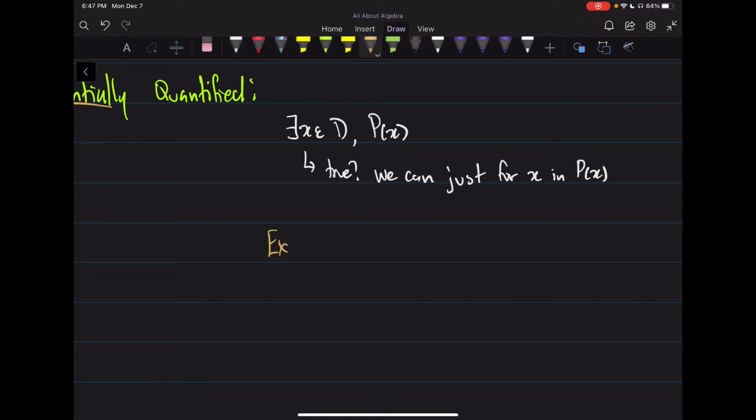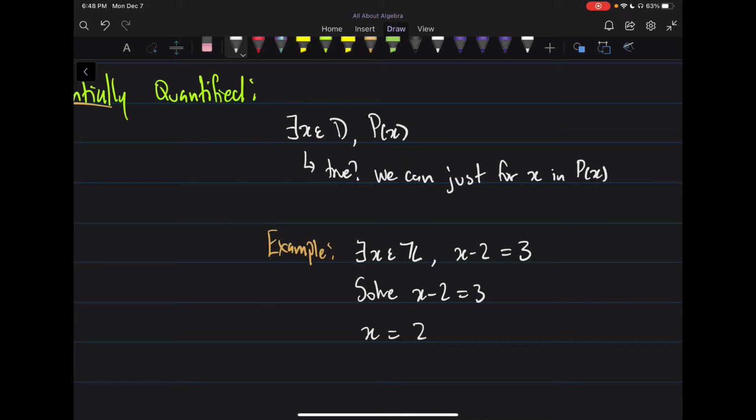So I have the example where I have there exists an x that's an integer such that, let's say, x minus 2 is equal to 3, right? Well, I can just solve x minus 2 is equal to 3, where I get x is equal to 2 plus 3, which means x is equal to 5.